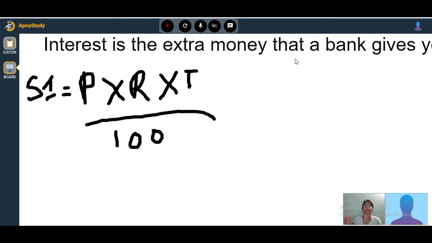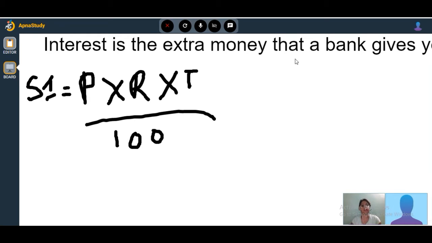In simple interest, the interest is calculated on the same amount of money in each period, and therefore the interest earned in each time period is the same. On the other hand, in compound interest, it is calculated on the principal plus the interest of the previous period. Let me give you an example.